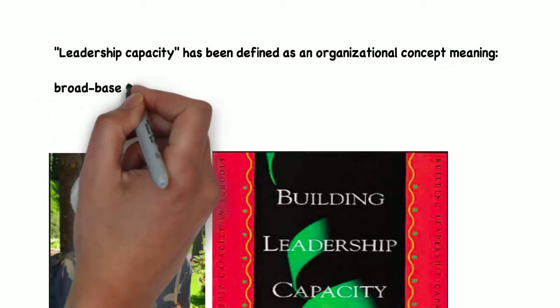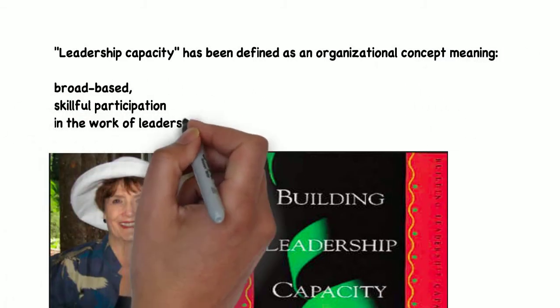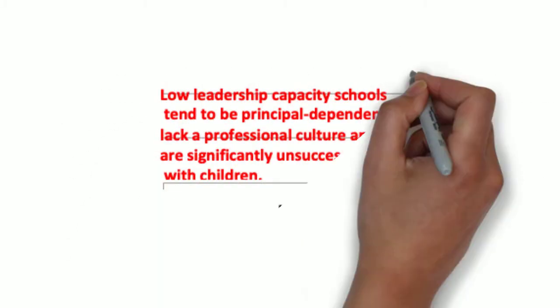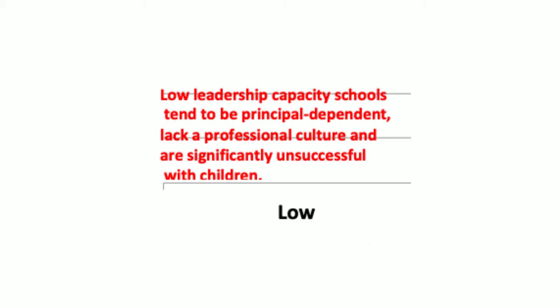In that book, and as reflected in this article that she wrote, she defines leadership capacity as an organizational concept that encompasses three traits: broad-based, skillful participation in the work of leadership that leads to lasting school improvement. In this article, and also in her book, she outlines what she describes as capacities, levels of leadership capacities.